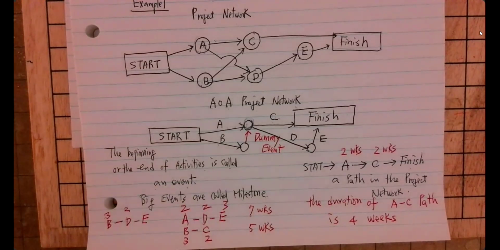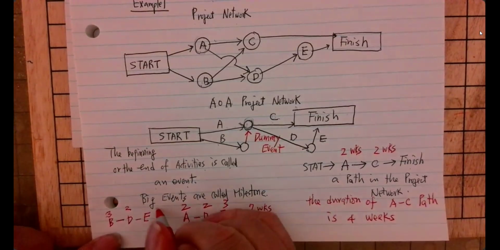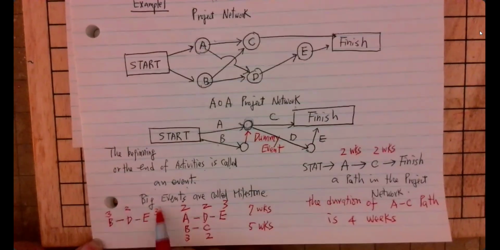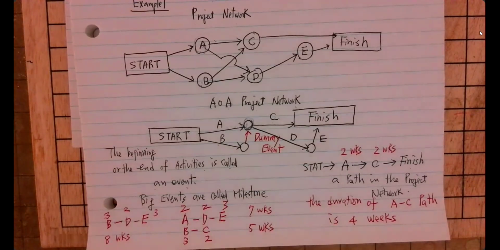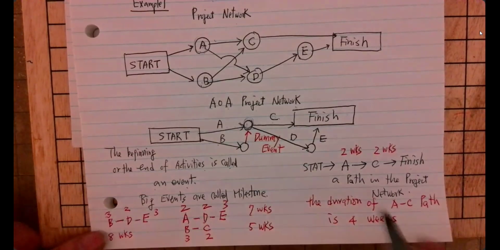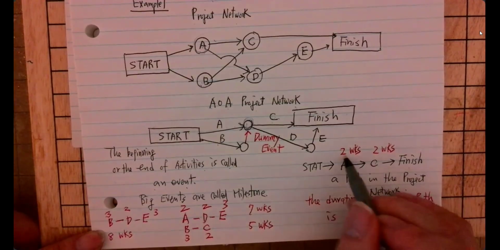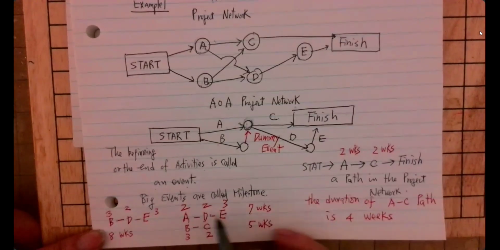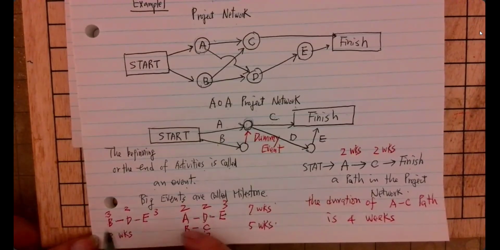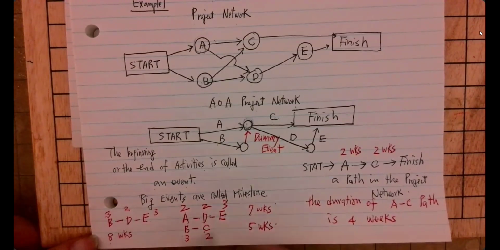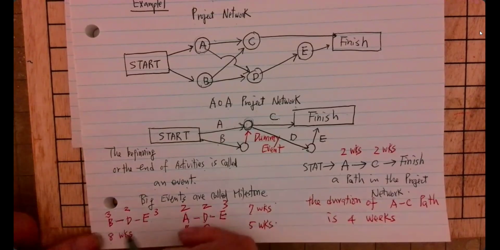E is 3 weeks. So they add up to 8 weeks. So let's look at all 4 paths. AC, 4 weeks. ADE, 7 weeks. BC, 5 weeks. BDE, 8 weeks. This is the longest one.